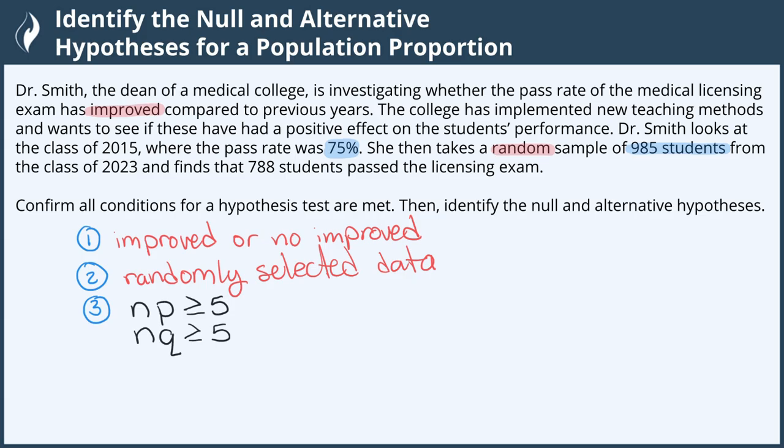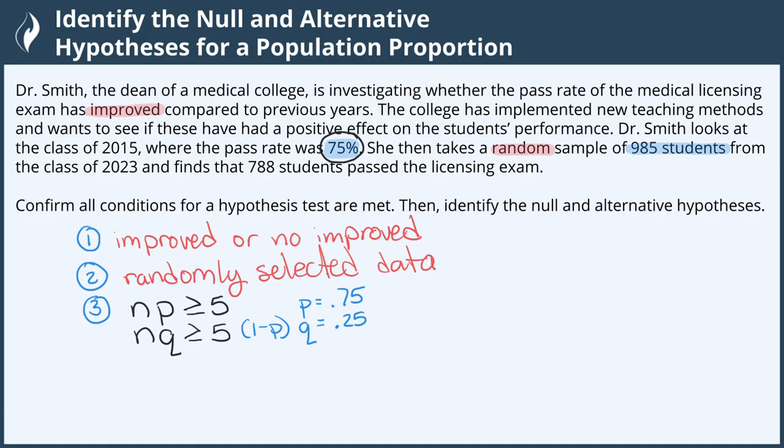We have a population proportion pass rate of 75% that was given to us. So we know that P is 75% or 0.75. And Q is the opposite of that, or 1 minus the 0.75, which gives us 0.25. If you need a little reminder, this is 1 minus the proportion of successes.